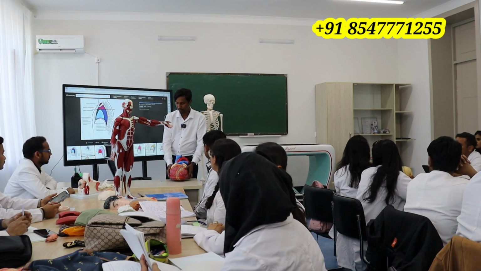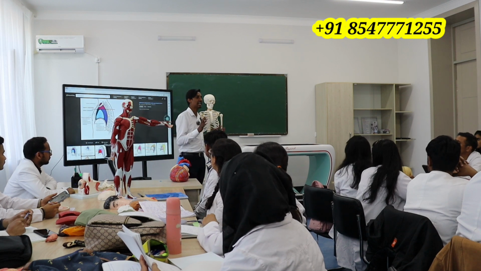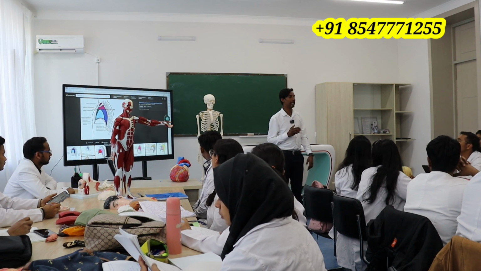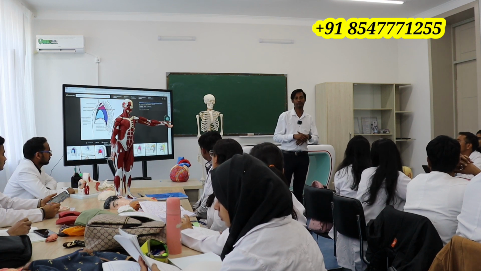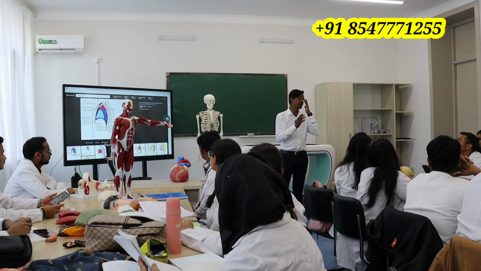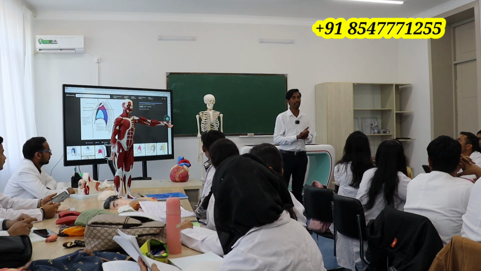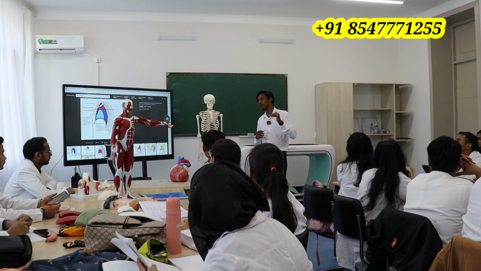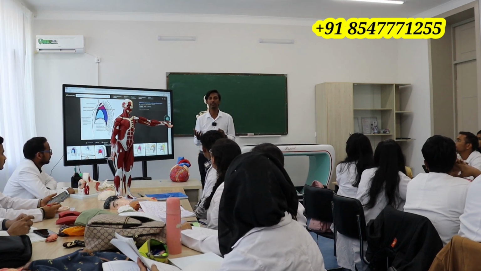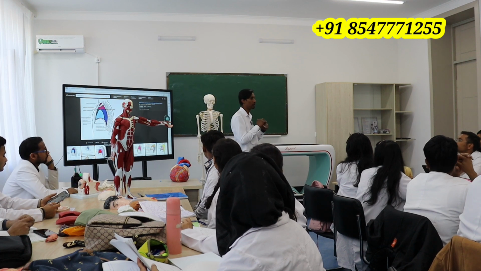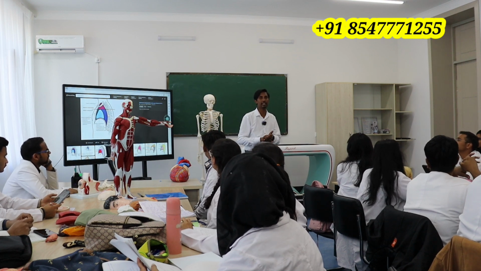Okay, and the heart has four chambers, right? Right atrium, right ventricle, left atrium, and left ventricle. The septum between the right atrium and left atrium is called the interatrial septum, the septum between the left ventricle and right ventricle is called the interventricular septum, and the septum between atrium and ventricle is called the atrioventricular septum, right?